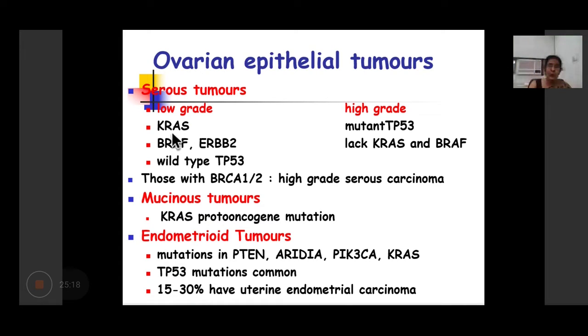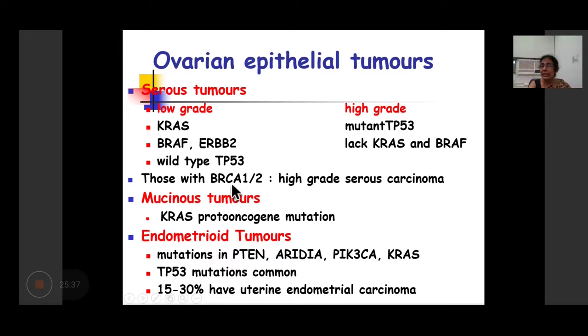Clear? So the low grade serous tumors, which have a very good prognosis in stage 1, are the ones associated with KRAS, BRAF and HER2 or ERBB2 mutation. While the high grade tumors will have mutant P53, they lack the KRAS and BRAF oncogene.